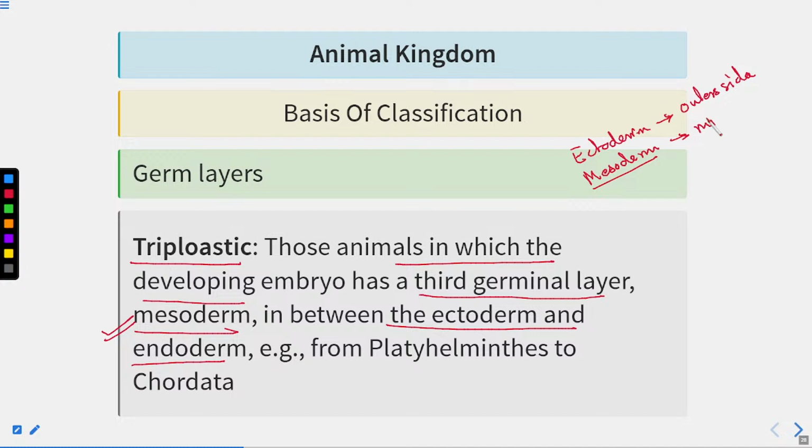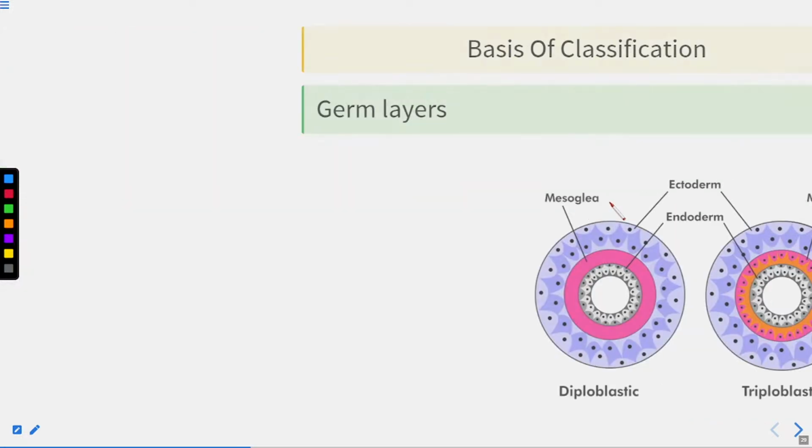This is present in the middle, and innermost, that is endoderm, on the inner side. In this way, in triploblastic animals, the embryo has three different layers, that is the ectoderm, mesoderm and endoderm, right?